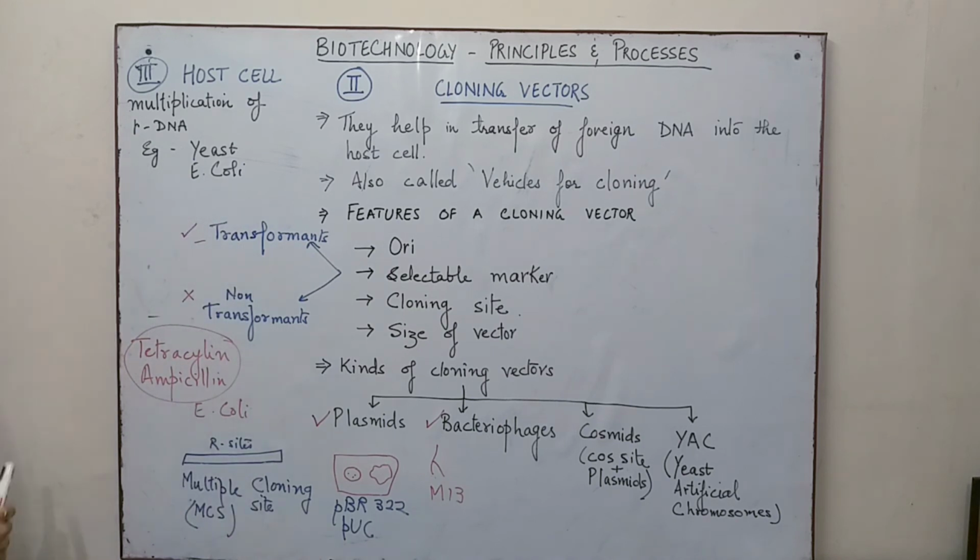So E. coli gives an advantage because it is capable of accepting various types of vectors. Another very important feature is its generation time of only 20 minutes. So the rate of multiplication is very fast, and as a result we can produce a large number of rDNA.